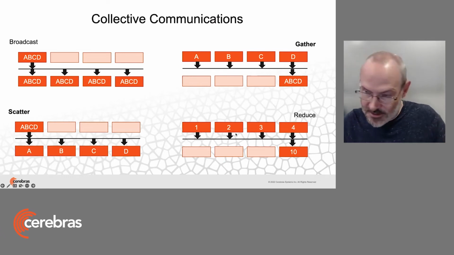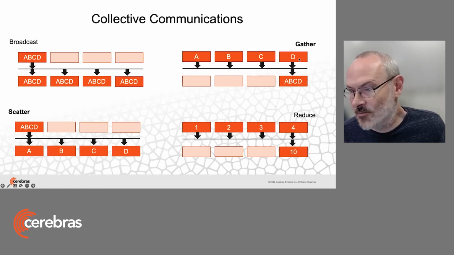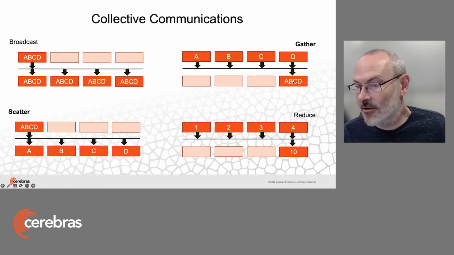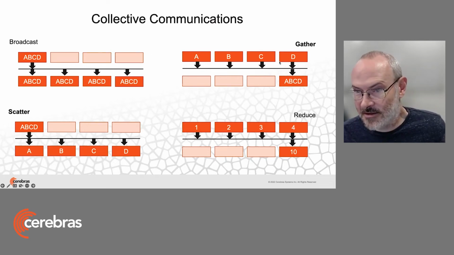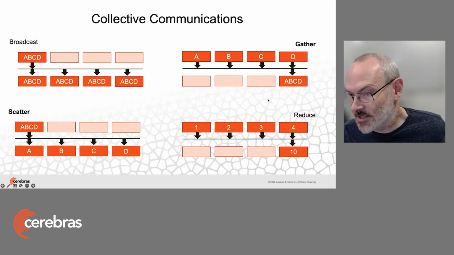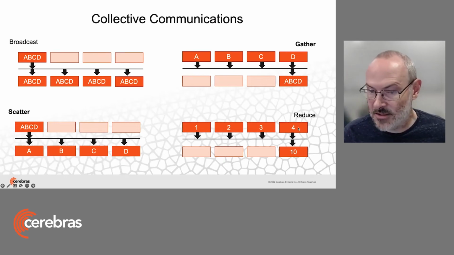Taking things the other way, when you're pulling things together, you've got gather. What gather does is it takes individual pieces of data and joins them together on a particular location. And then reduce. What reduce does is it does the same as gather, but also does a mathematical operation on the data. So in this particular example, we take 1, 2, 3, 4, and we add them together and we get 10.